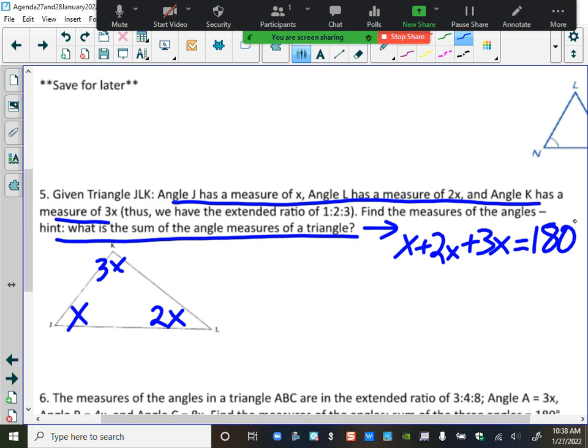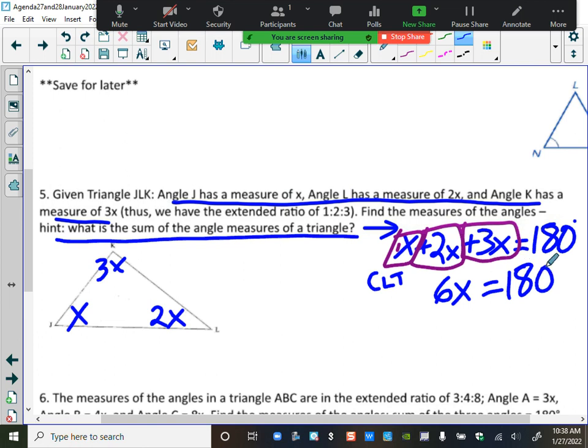Now, notice how all three terms have an X. So how many X do we have in total? 1 plus 2 plus 3, so 6X equals 180.